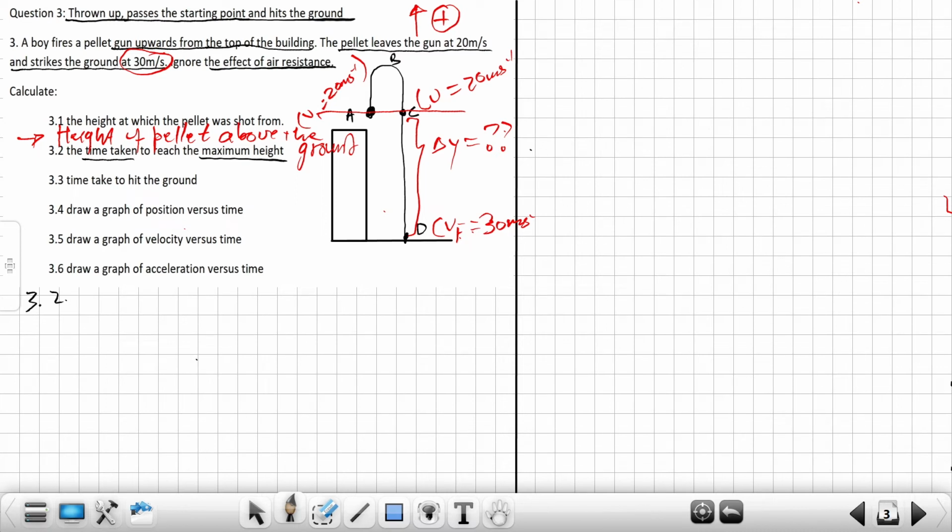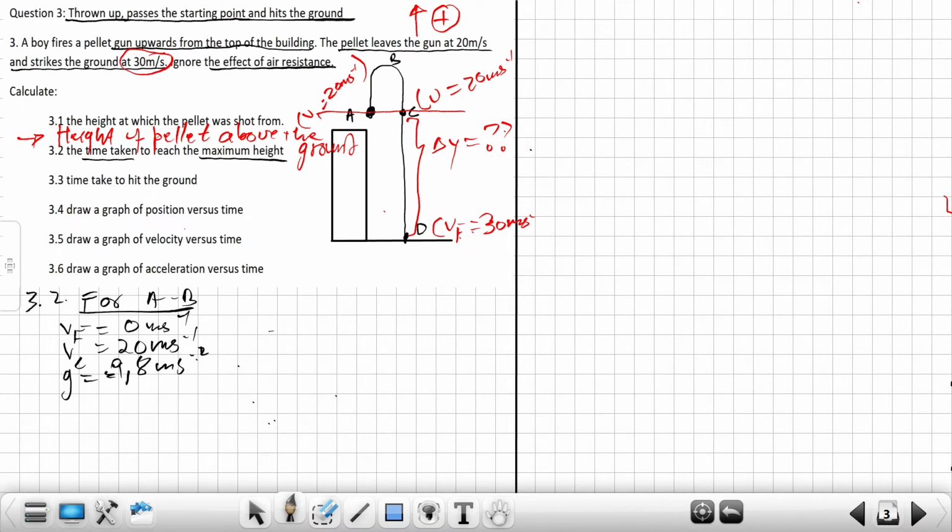So it will be for the motion from A to B, because we are looking at it reaching position B. So it's easy to say we have VF at B, which is 0 meters per second. And then we have V initial, which was given to us as 20 meters per second. Do we have g? Yes, we know g, it's minus 9.8 meters per second squared.